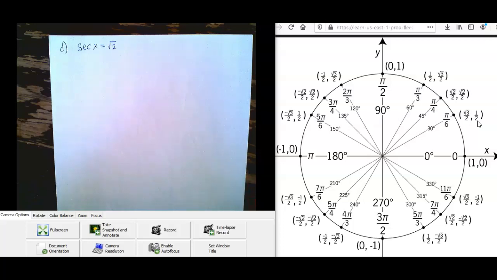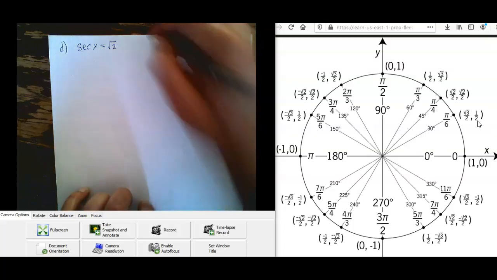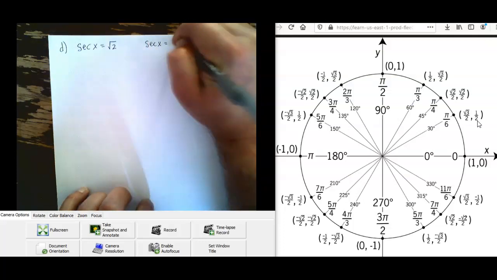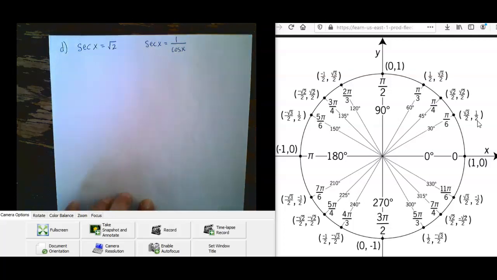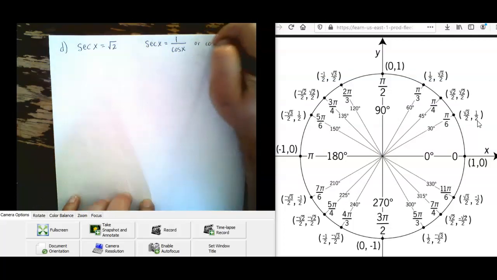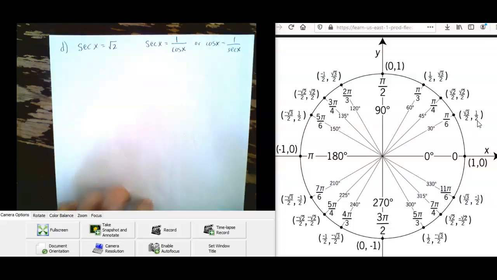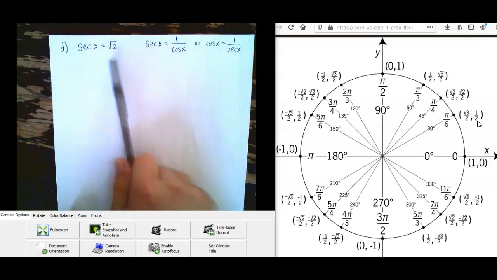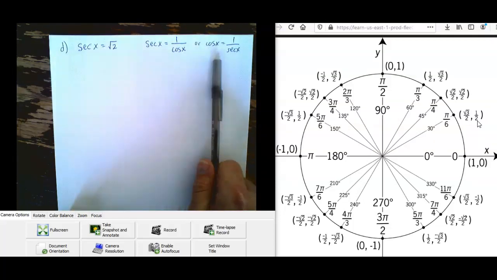So what we need to do is utilize one of those trigonometric identities that we talked about previously. Remember that secant is related to cosine, right? Remember, secant equals 1 over cosine of x, or cosine is 1 over secant of x. So either of these identities can be helpful when we are solving this.